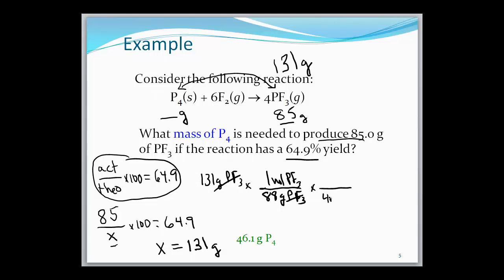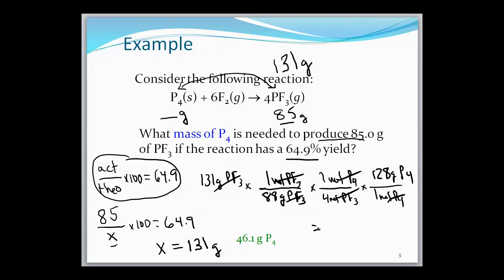There's 4 moles PF3 for every 1 mole of P4, and then 1 mole P4 is 32 times 4 is 128 grams of the P4. Everything cancels except our grams of P4.